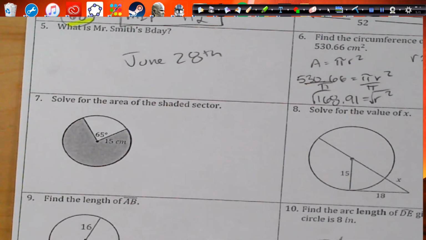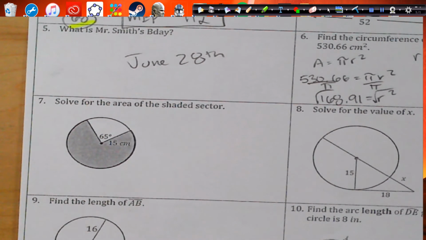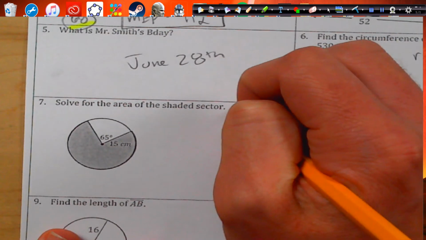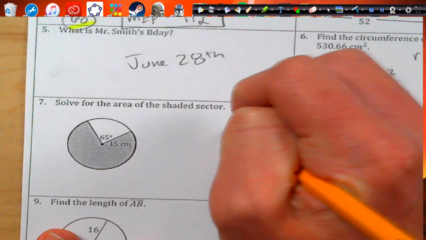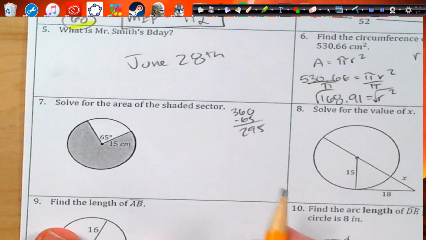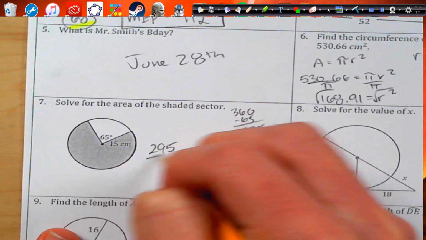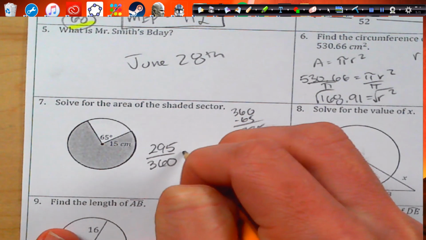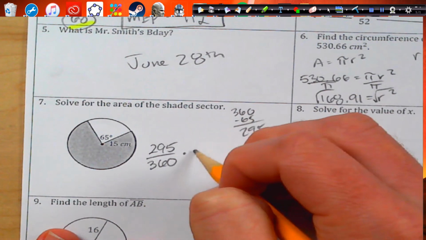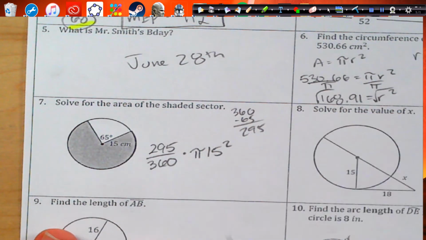A lot of people found the area of the non-shaded region. First of all, I'm going to do 360 and subtract 65, and I'll get 295. Okay, so that's the shaded region here. So what portion of the circle am I looking at? I'm looking at 295 out of 360 times the area of a circle, which is pi 15 squared.